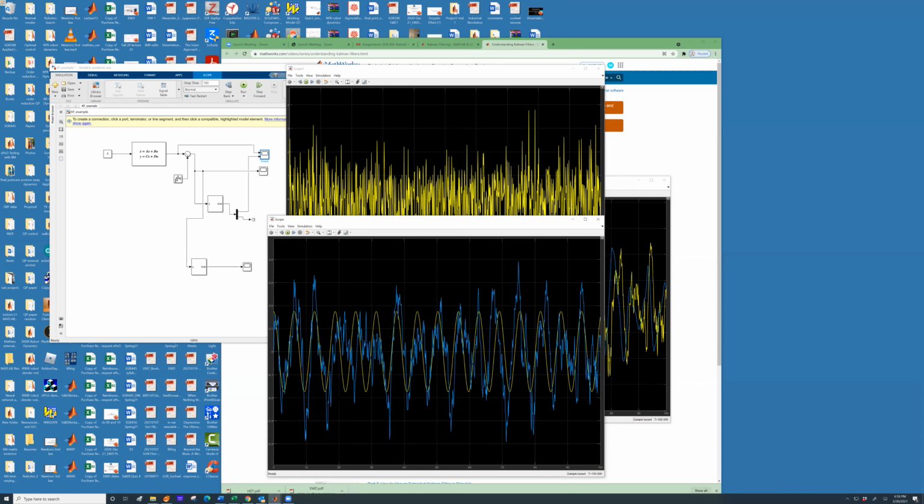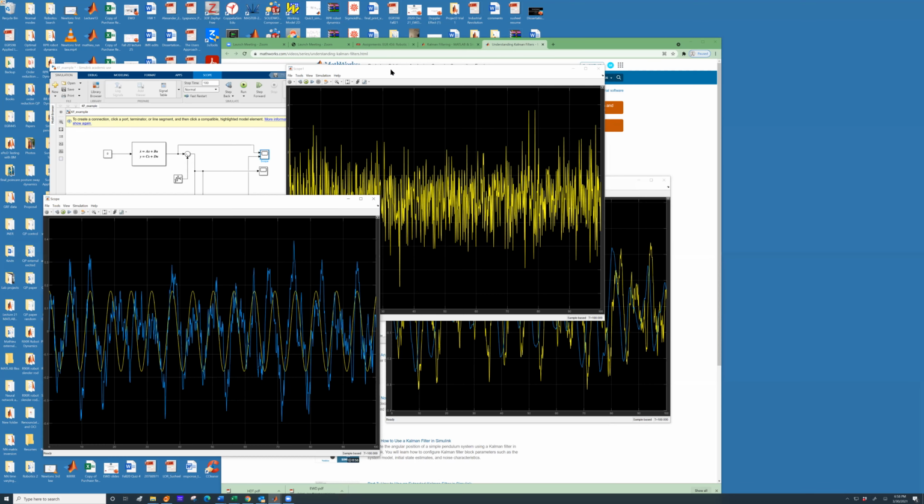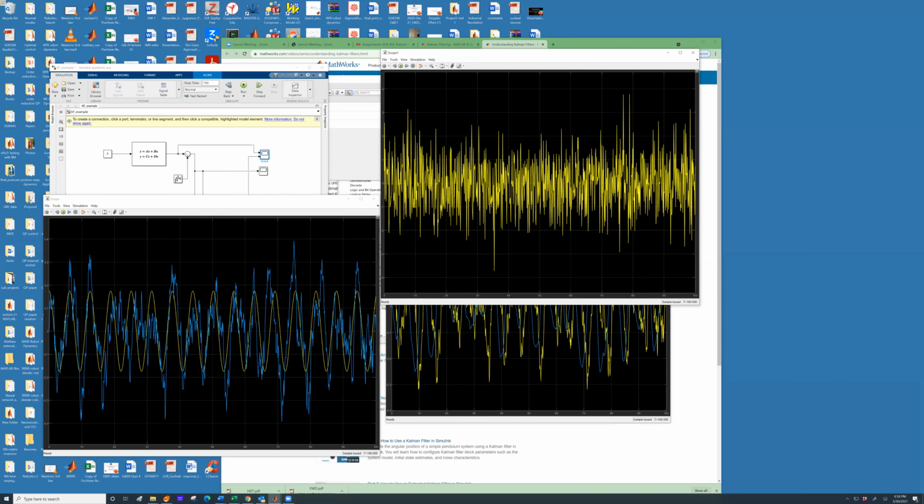And that is the fundamental function of a Kalman filter. What a Kalman filter does is take a noisy output, and it has an estimate of the process noise and an estimate of the measurement noise. It combines these 2 noises and then gives us an output.